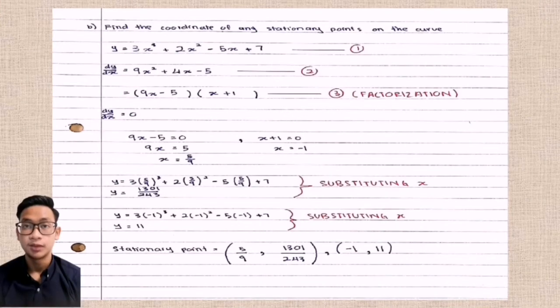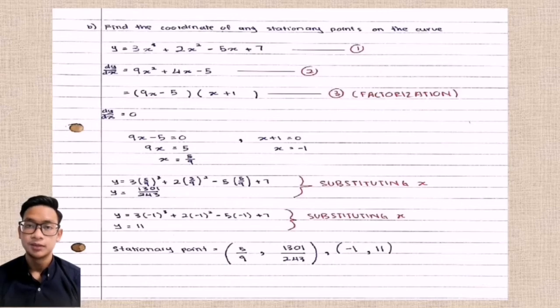Question B, find the coordinates of any stationary points on the curve. Firstly, we must derive the equation of y. Y equals 3x cubed plus 2x squared minus 5x plus 7. Second step, we change the equation of y to dy over dx and we use differentiation, and we got 9x squared plus 4x minus 5.